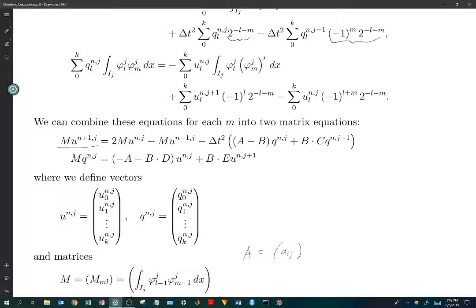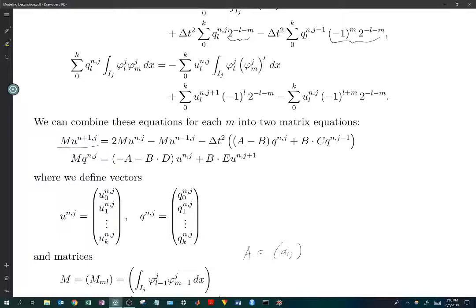What's happening here is that in MATLAB you number the rows and columns from 1 to however many rows you have. For this problem, we have m equals 0 to k, so we've got k plus 1 different m values. So m ranges from 0 to k, but there are k plus 1 values.